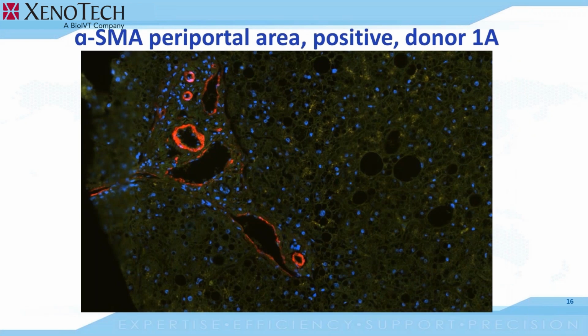You see presence of this marker in the venules, arterioles, and bile duct cells. This is a normal location of smooth muscle actin in the human liver. On the right-hand side of the image, we see inside of the lobule, and we do not find cells expressing this protein in this area.